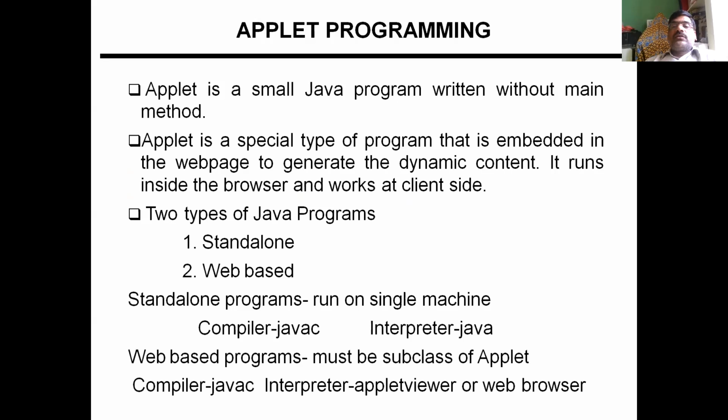Now, I would like to define what an applet is. An applet is a small Java program written without a main method. The purpose of these applet programs is to create dynamic web pages.